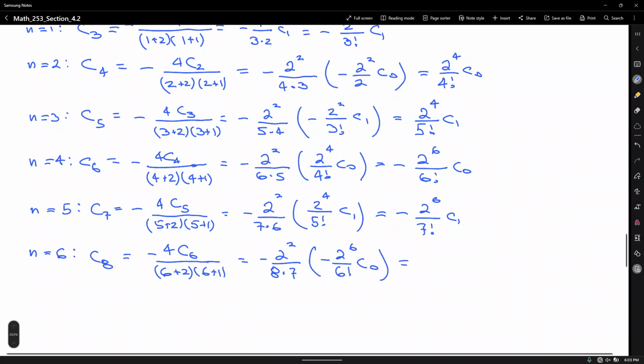Together they form, oh wait, no, that's a positive this time. 2 to the eighth power divided by, do you agree that 8 times 7 times 6 factorial together comprise the 8 factorial? Perfect. 8 factorial C sub 0.